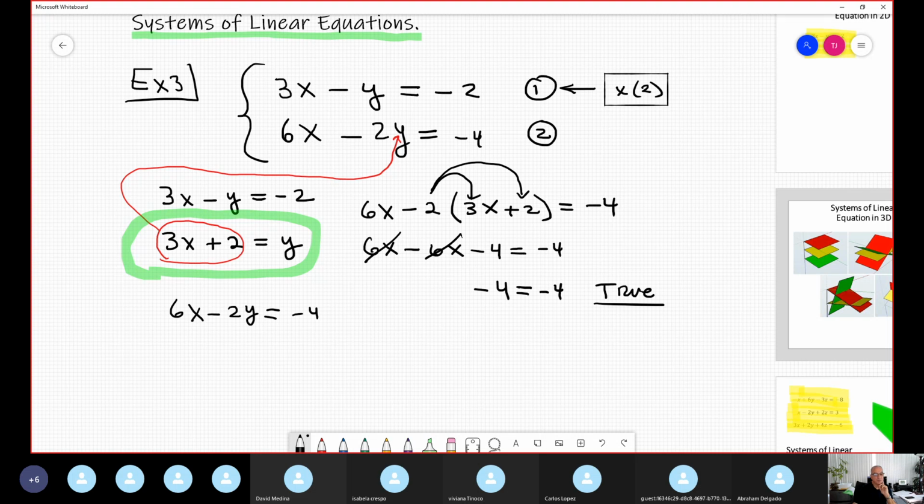And you solve for y. Minus 2y is equal minus 6x. I move 6x to the right hand side, and minus 4 stays the same here, right? And divided by negative 2, because my goal is to isolate the y. Here we have y is equal, this is 3x plus 2, no?